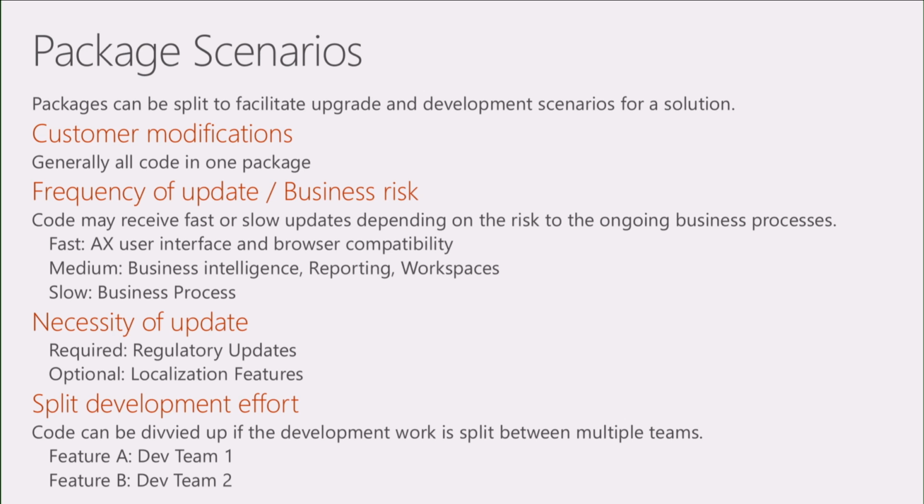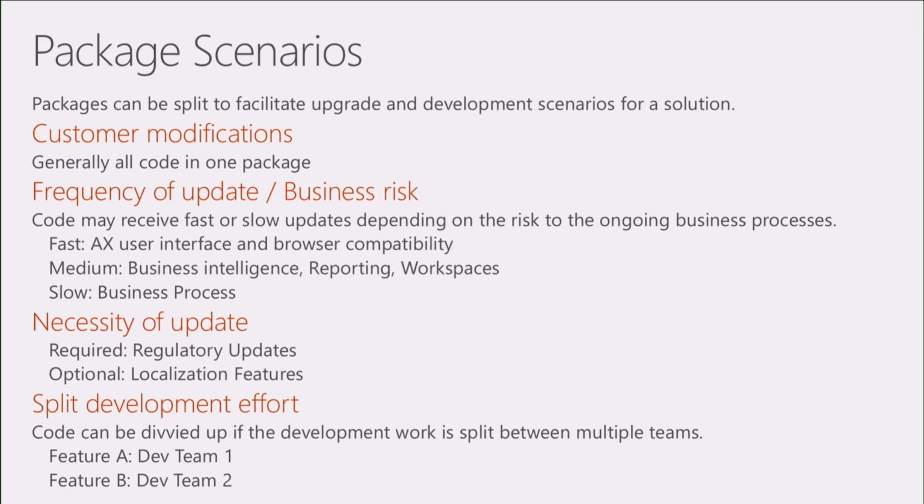Those should be less business process oriented and more just the base of the solution. Then you might have some more medium frequency things like reporting, where yes, there's risk there, but there's less risk to the business. If a report breaks during an upgrade, there's less risk that I'm not going to be able to run my business. And then, of course, business processes would be a slower update scenario.